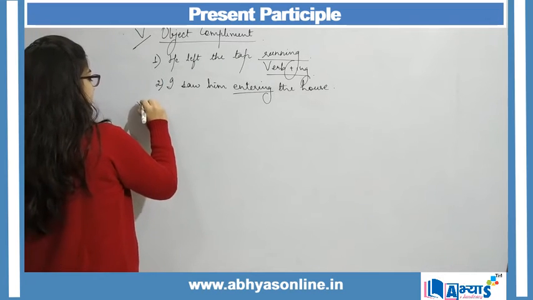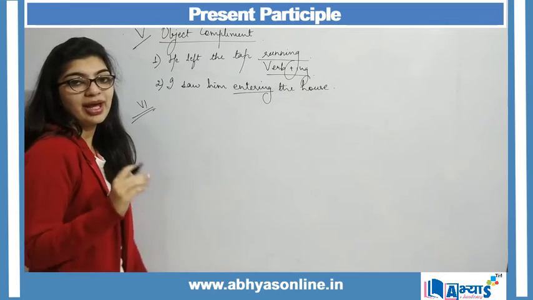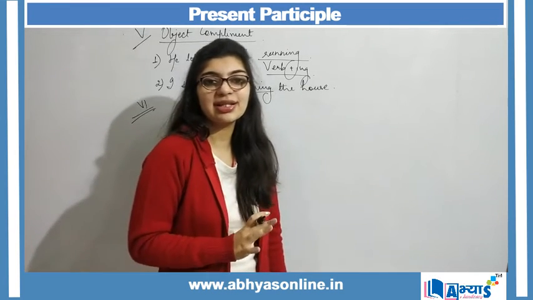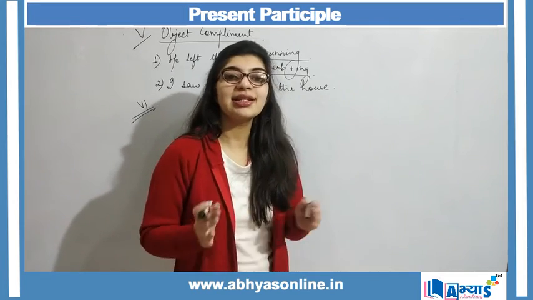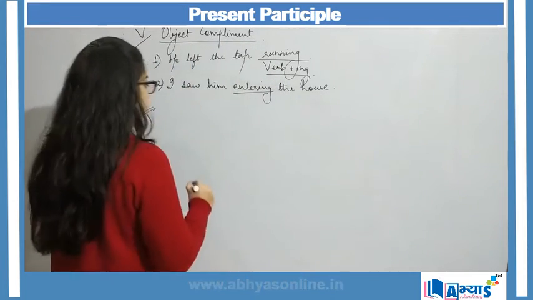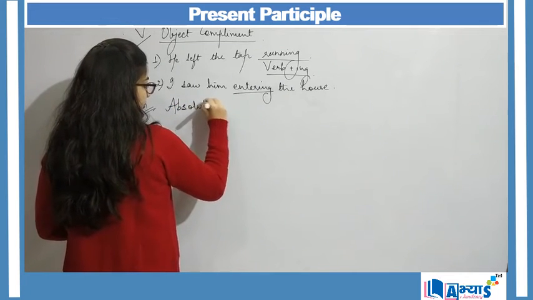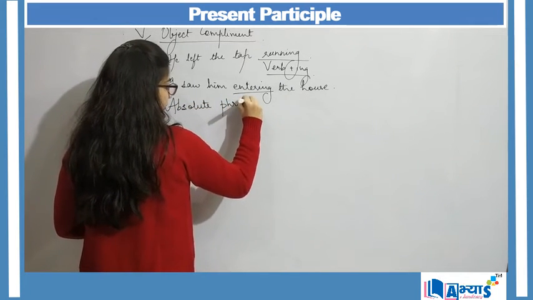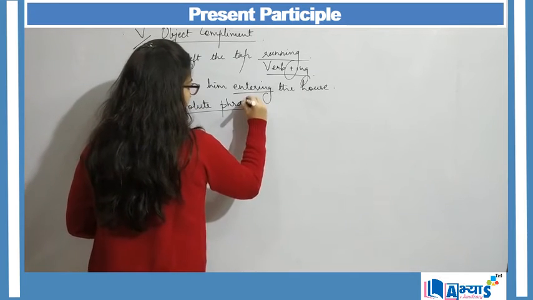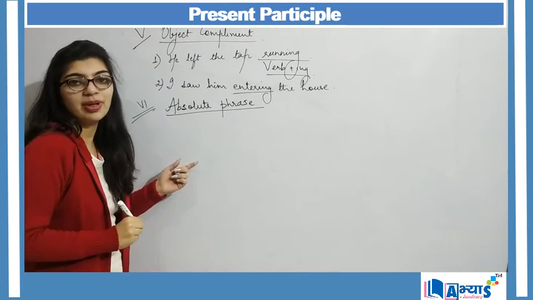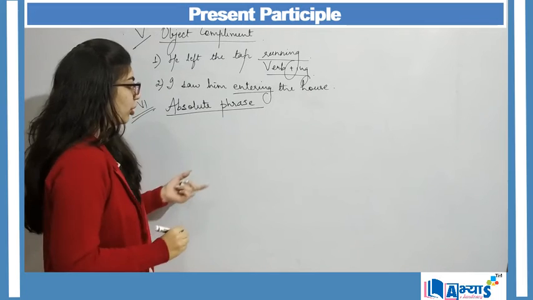Now, the sixth area where participle can act as something, and that something is an absolute phrase. So, absolute phrase. This is also the area where participle can come in form.